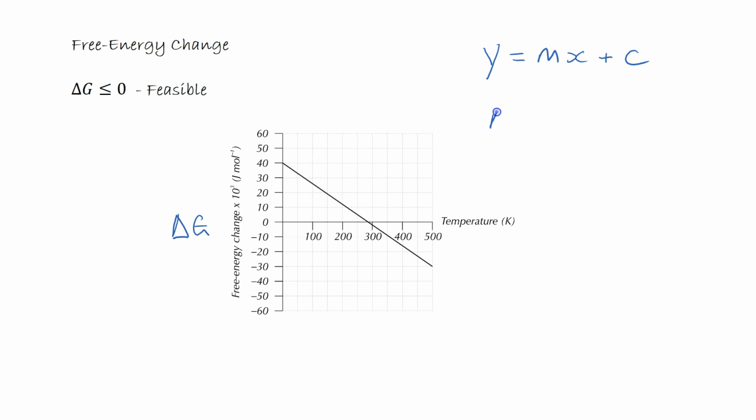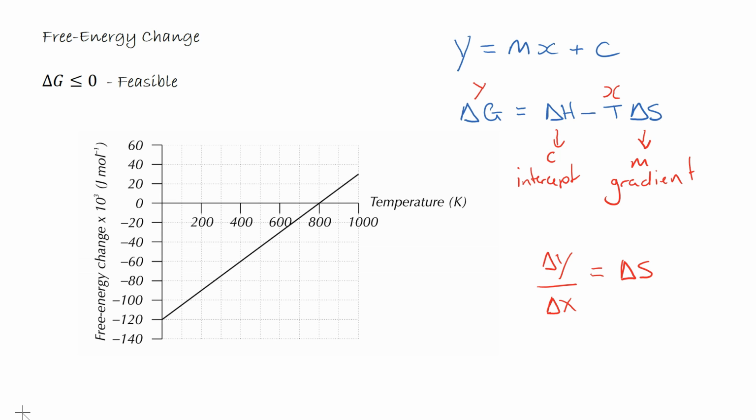Well, then if we're looking at delta G is equal to delta H minus T delta S.